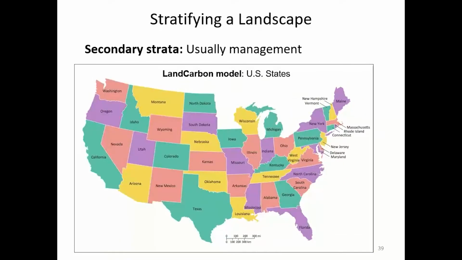And the jurisdictions on a finer, smaller scale could be something to do with how you're managing landscape, maybe protected areas versus unprotected areas, or something like that, right? Something that distinguishes how you're doing private versus public lands. That's another classic example where you're doing quite different management techniques on one or the other.